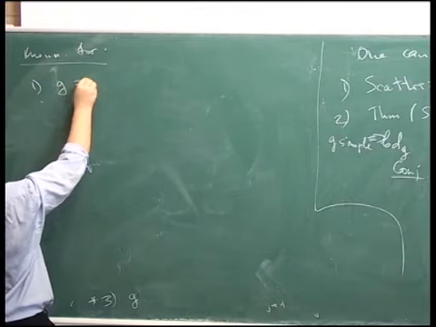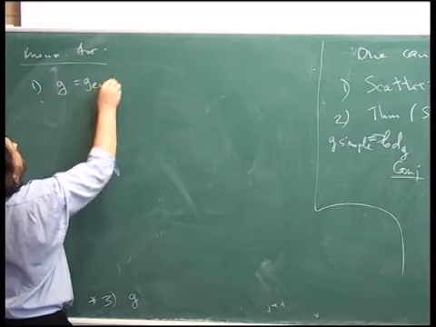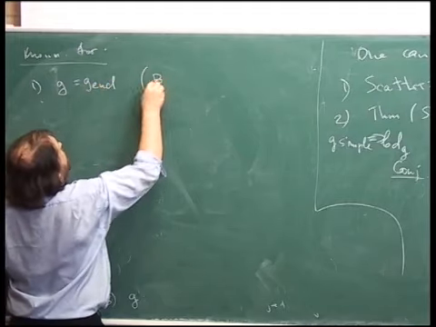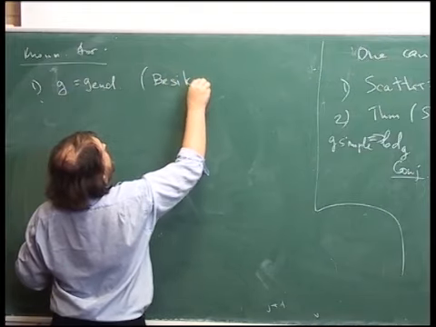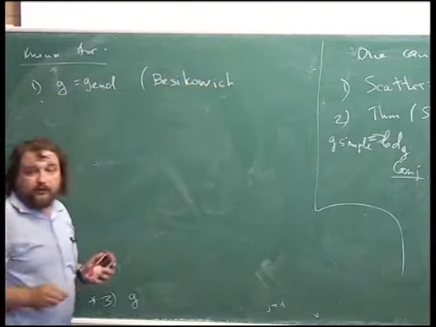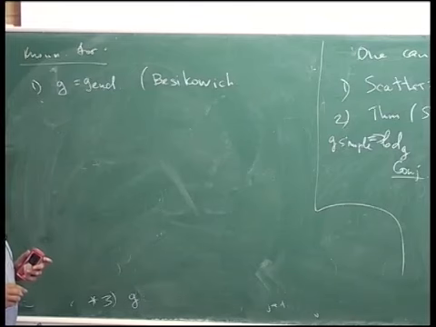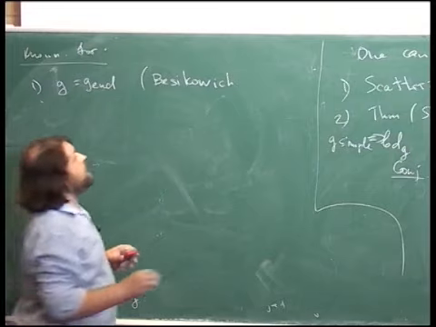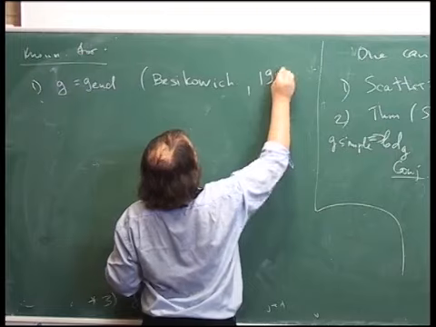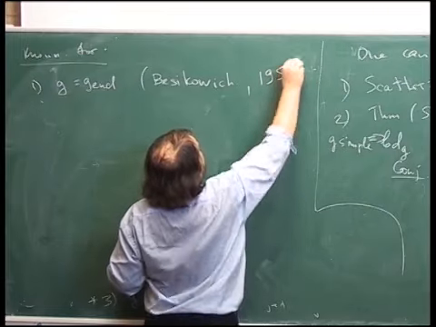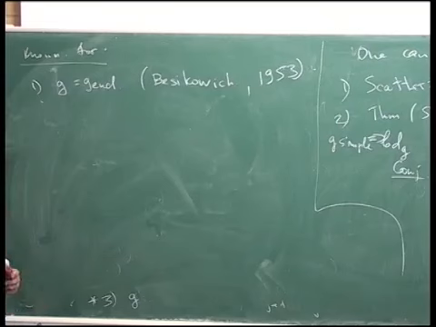Yes, the Euclidean metric is fine. This is due to Besicovitch. This is the full conjecture, with G prime arbitrary, and this is very old.